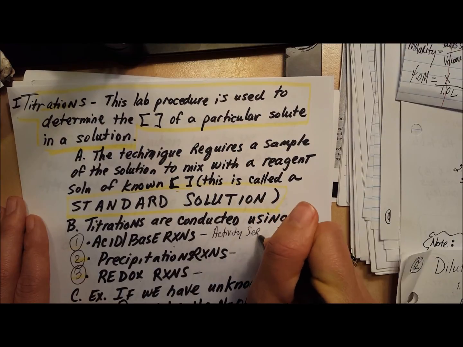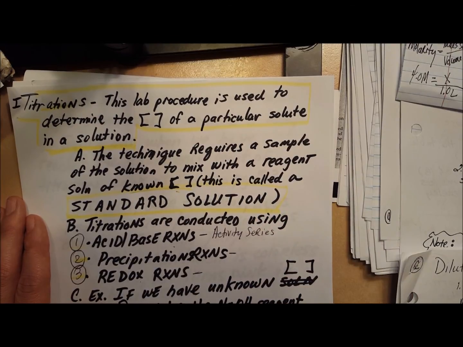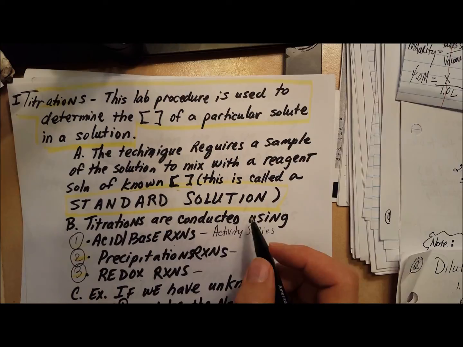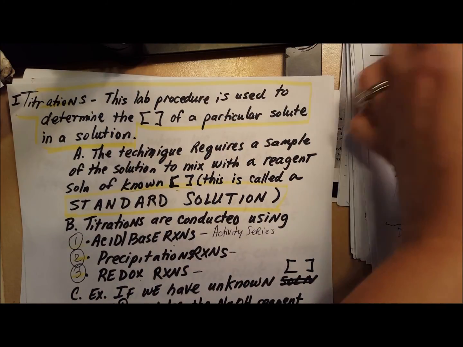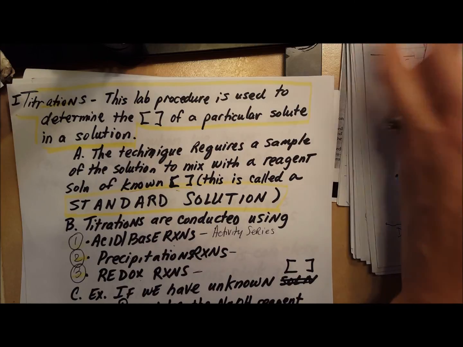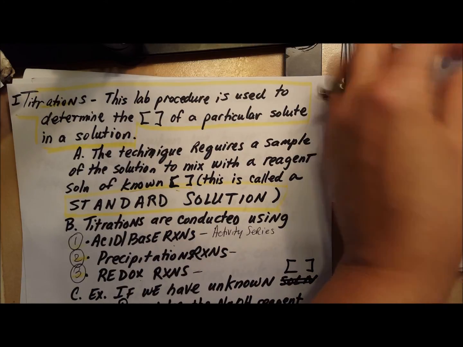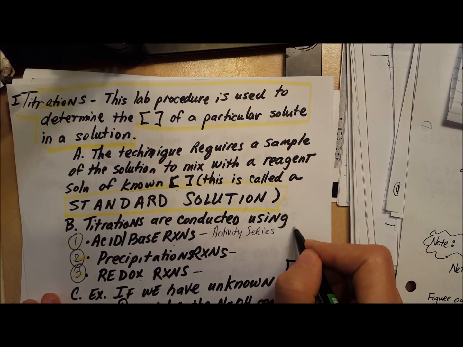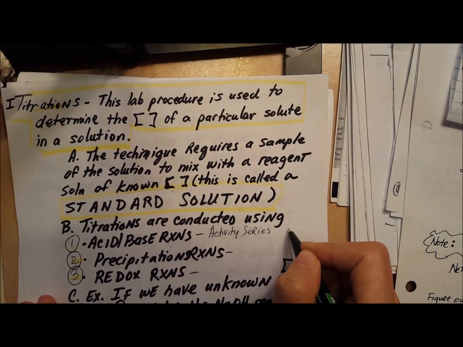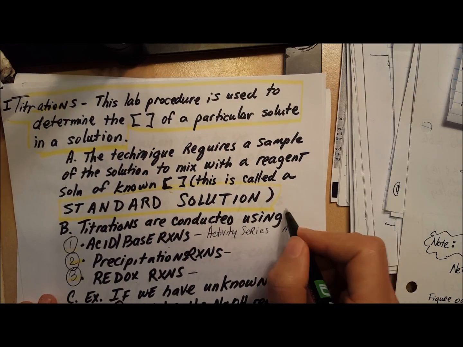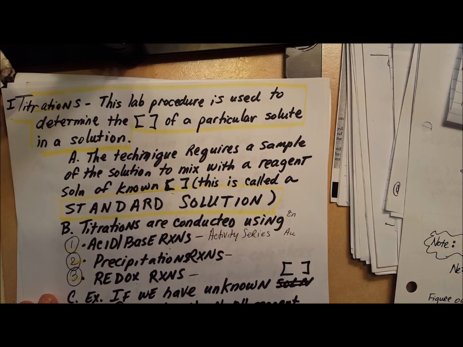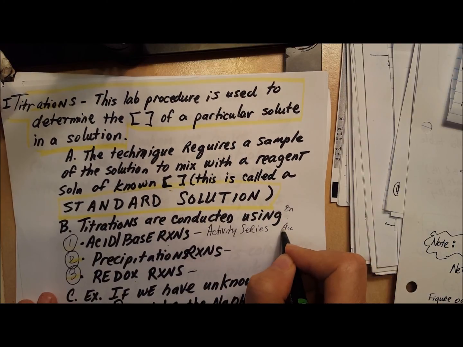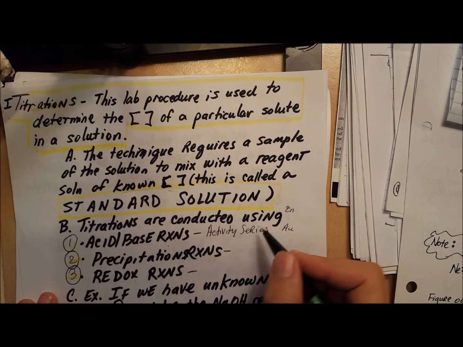This is a single replacement reaction, and it's no reaction if the metal was lower. For example, can gold displace zinc? You would say no reaction, because gold is lower in the activity series than zinc.